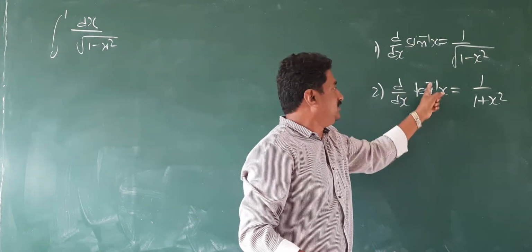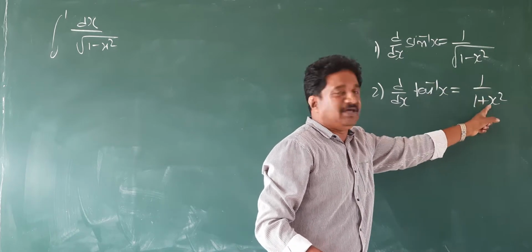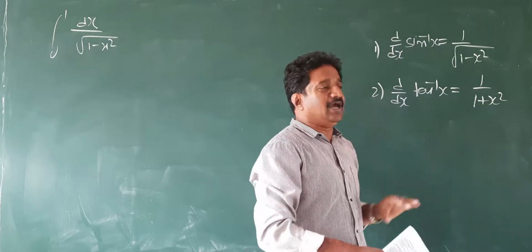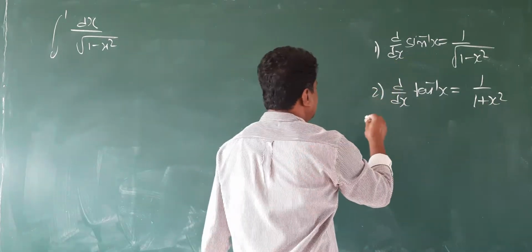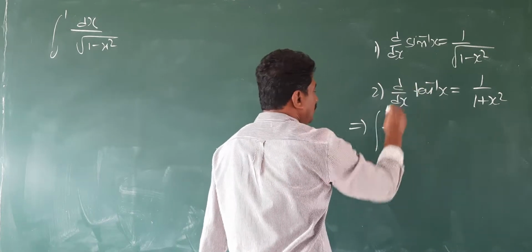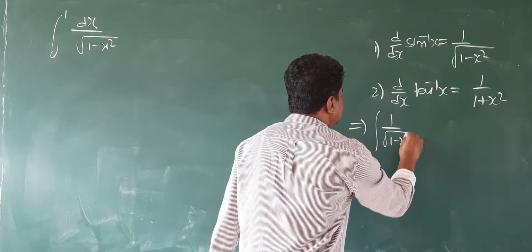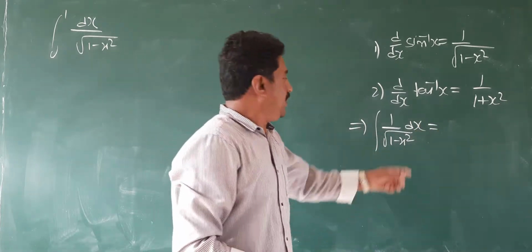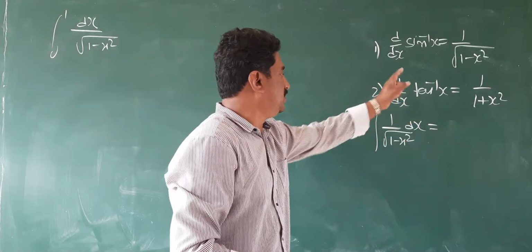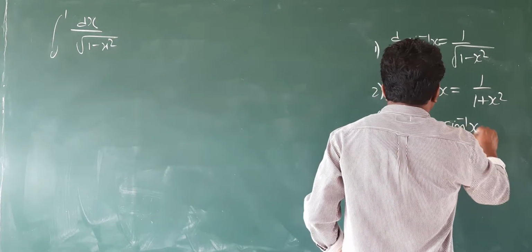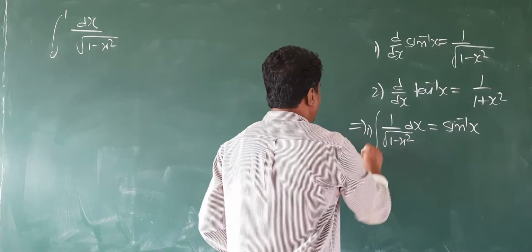Differentiation of tan inverse x is 1 by 1 plus x square, so integration of 1 by 1 plus x square should be tan inverse x.